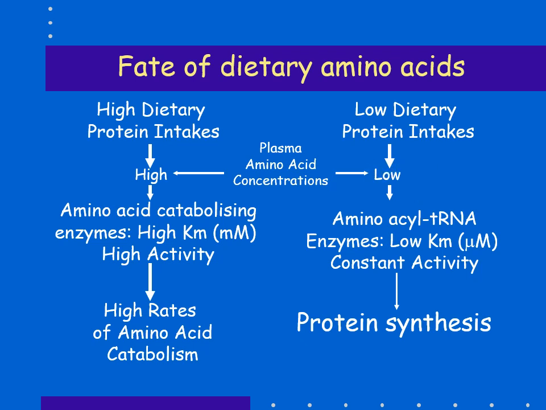They still get access to the substrate that they need to build protein, albeit at a slower rate. But this underpins a relatively constant activity and a relatively constant rate of protein synthesis. Nonetheless, don't lose sight of the fact that if you do have low dietary protein intake, you will see a general depression in the rate of protein synthesis within the body.